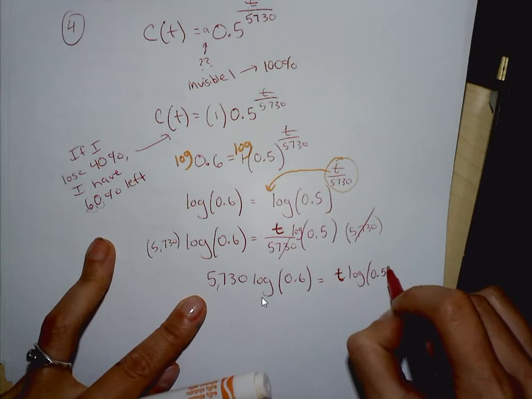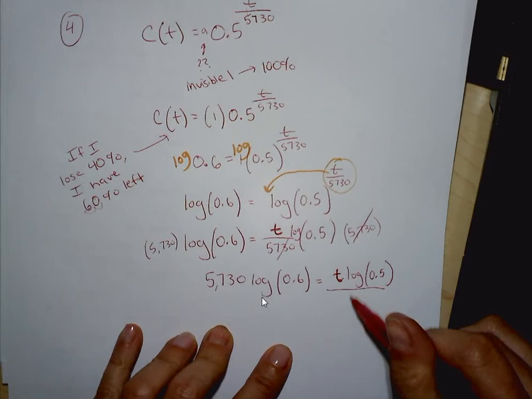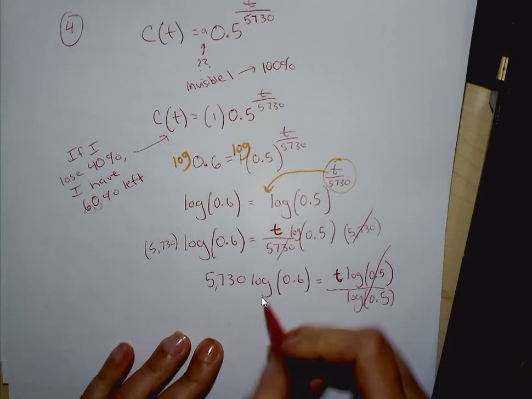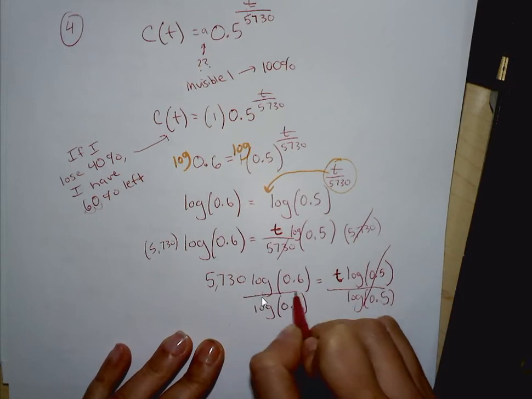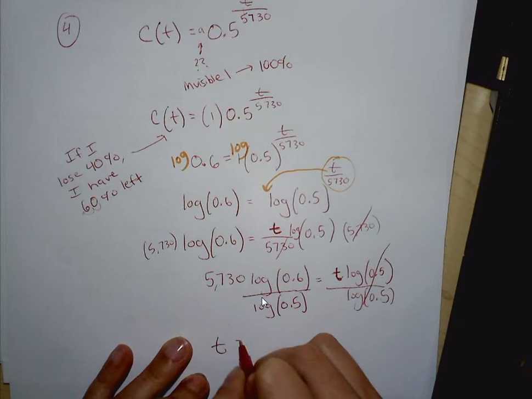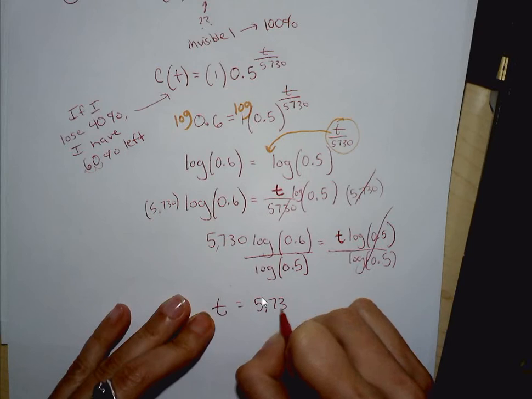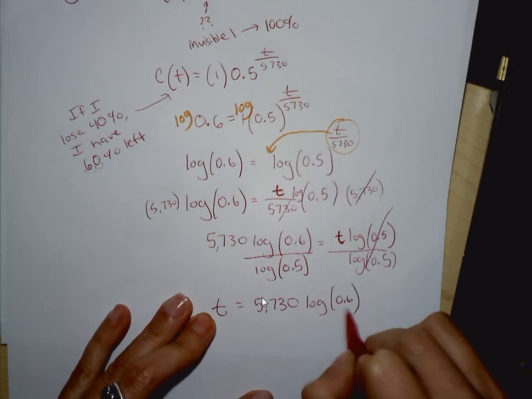Now to get t alone, I divide by log 0.5. So t is equal to 5,730 times log 0.6 over log 0.5.